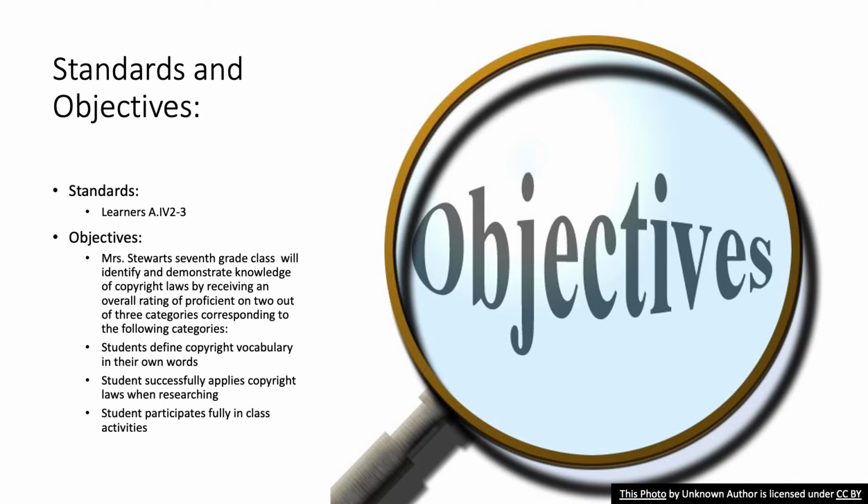The objective is that Ms. Stewart's 7th grade class will identify and demonstrate knowledge of copyright laws by receiving an overall rating of proficient on 2 out of 3 categories corresponding to the following categories. Students define copyright vocabulary in their own words. Students successfully apply copyright laws when researching, and students participate fully in the class activities.